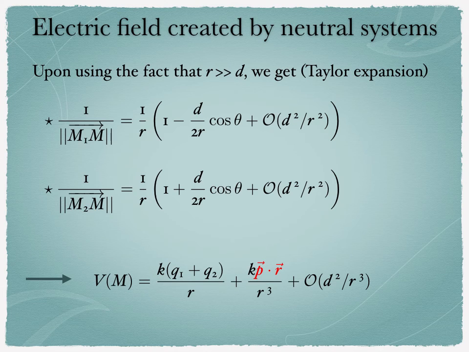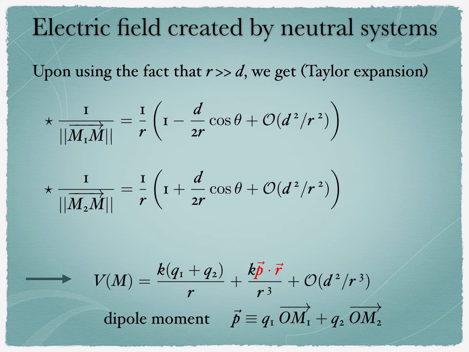And p is a quantity that we are interested in, and that is called the dipole moment of the charge distribution. So it's q1 om1 plus q2 om2.